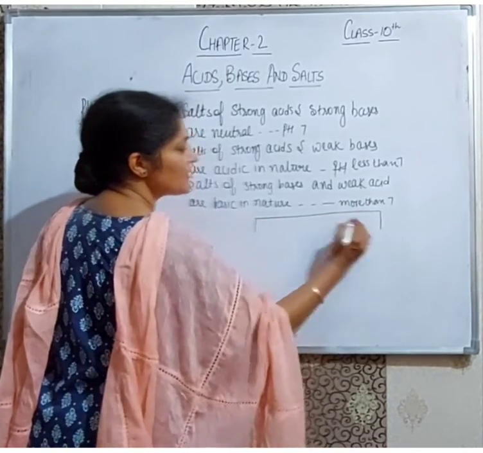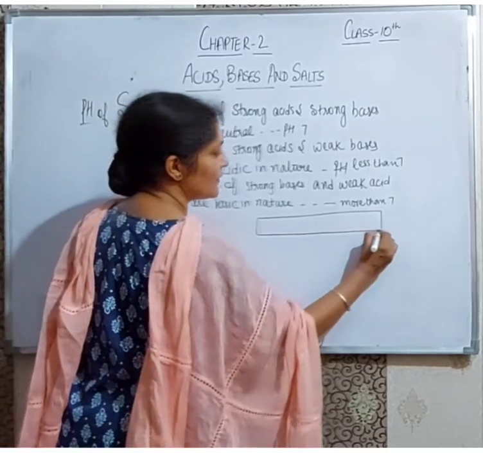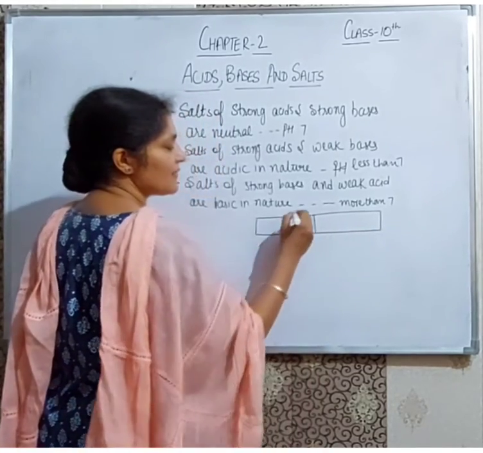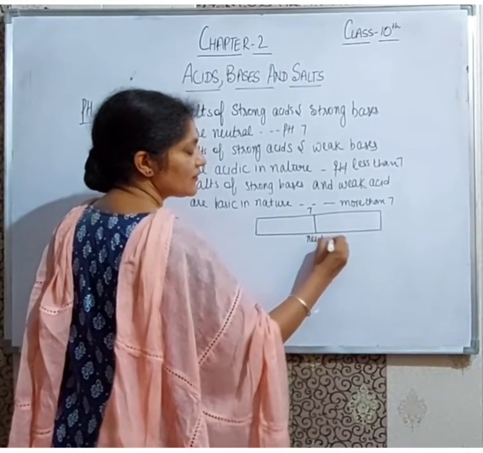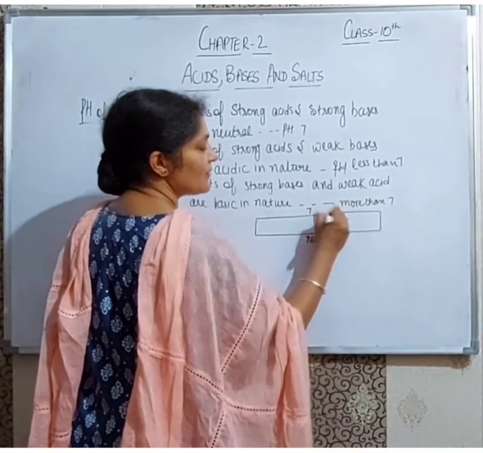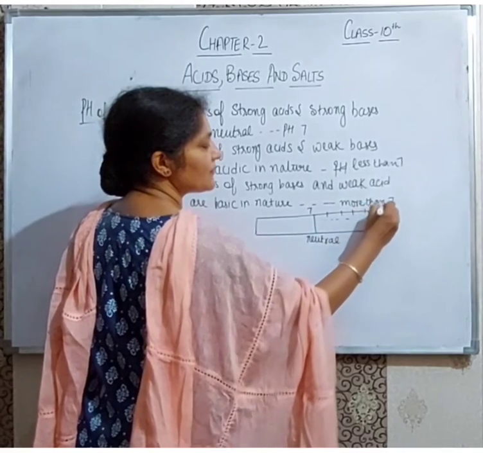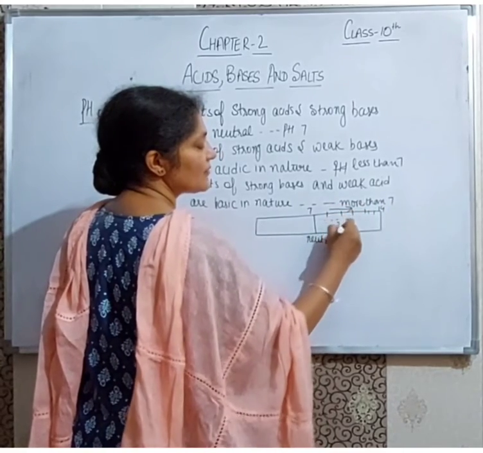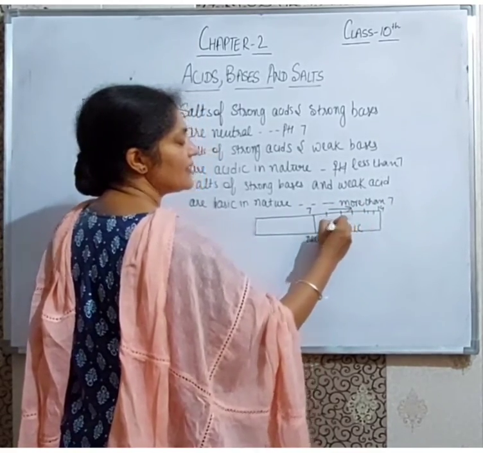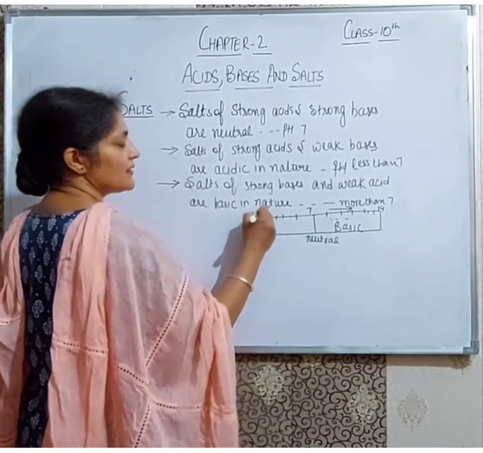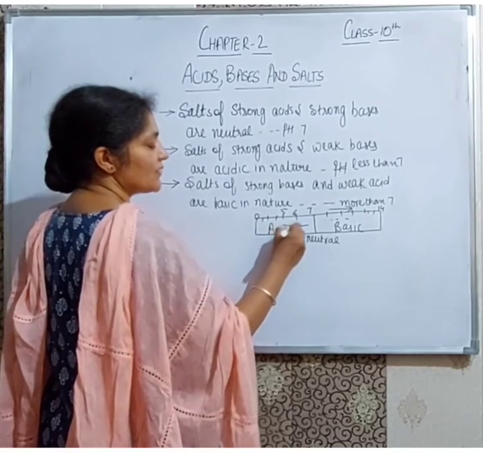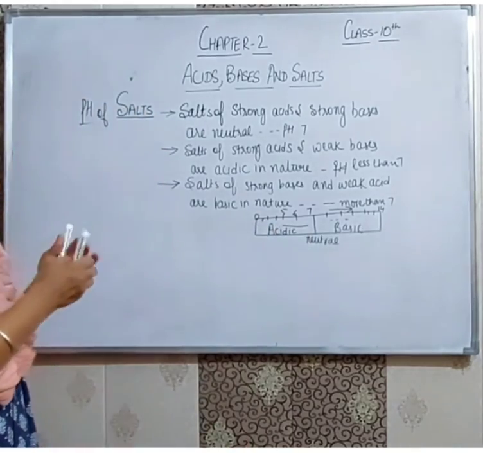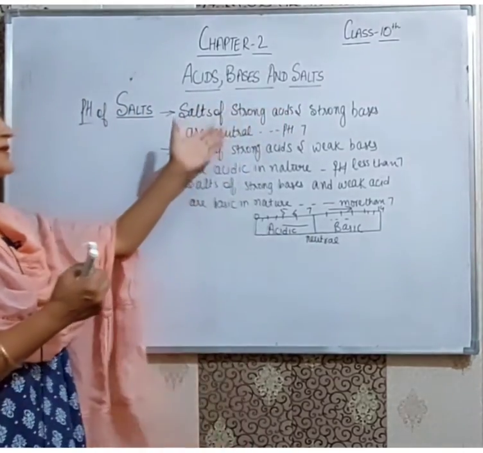Because as we see on the pH scale, when the value is 7, it is known as neutral, and if it is above 8, 9, 10, 11, 12, 14, it is basic in character, and if the pH value is less than 7, it is acidic. So students, the salts of strong acids and strong bases are neutral.